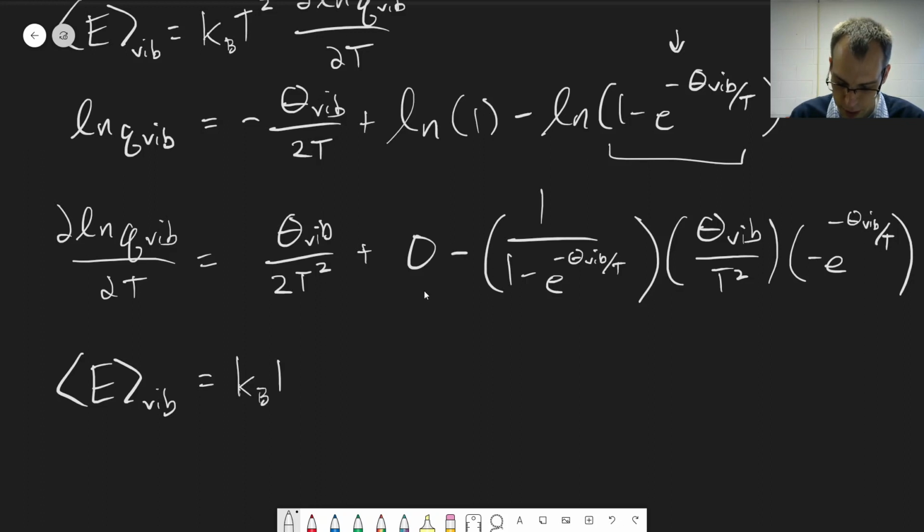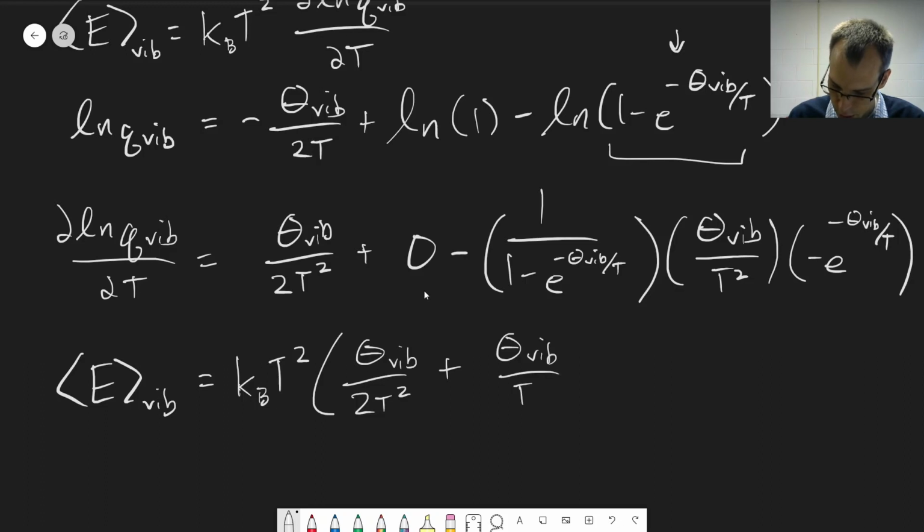So we'll get kBT squared times theta vib over 2T squared plus theta vib over T squared times, reading my notes here, they're a little bit messy, e to the minus theta vib over T divided by 1 minus e to the minus theta vib over T.